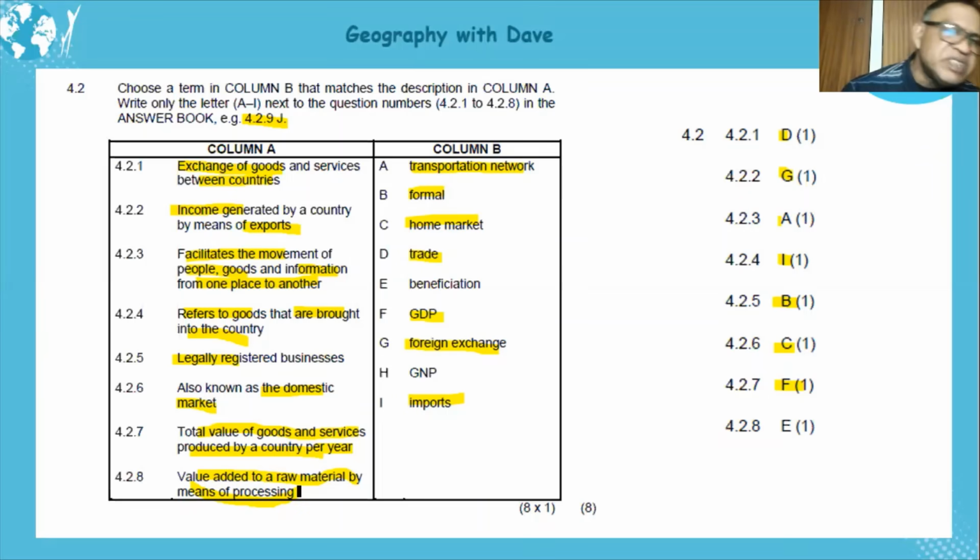I'm not 100%. It doesn't replace the export, but it can. If you're producing, you're improving the value of it. So let me see what options are left. Is it GNP? No way. If I'm not sure, it has to be beneficiation. Can you see the techniques you can use? Learners, don't forget. Not that that answer is wrong, but you may have some doubts in your mind. You understand? And therefore you correct it. And of course, you got your answer known as E.